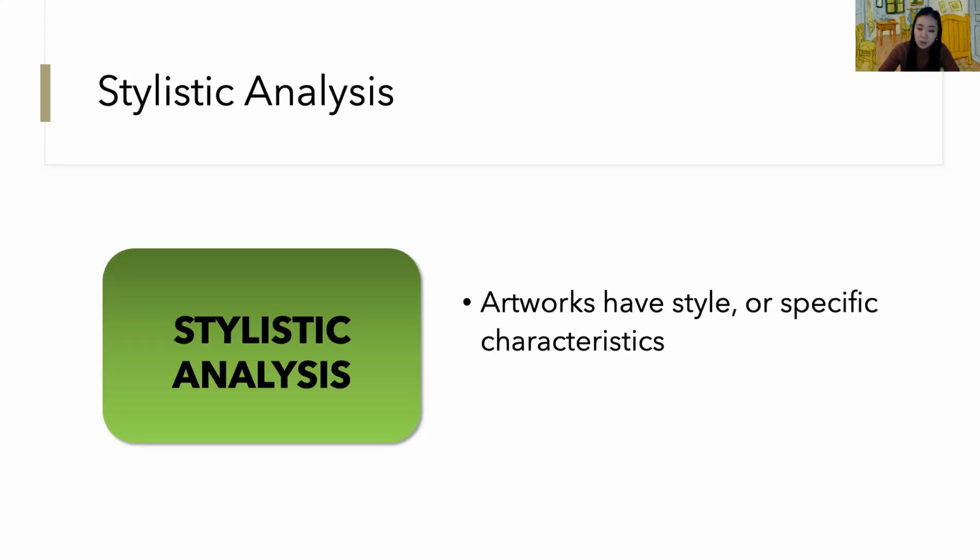Style allows us to recognize that an artwork was made by a particular artist. A group of artists might share a style because they all used similar techniques and worked at the same time or studied in the same place. The style can be individual or shared by a group, school, period, or movement. So analyzing style allows us to make connections between artworks.